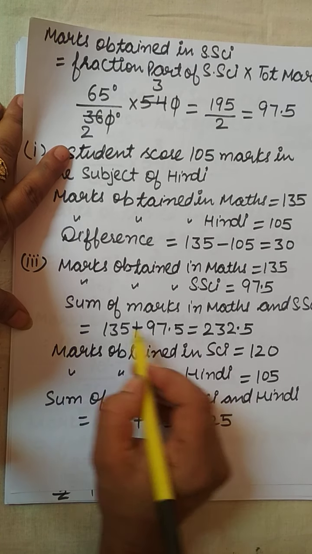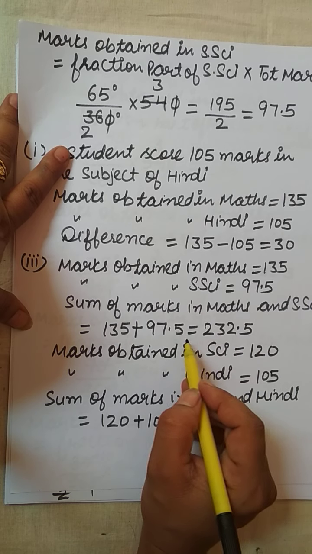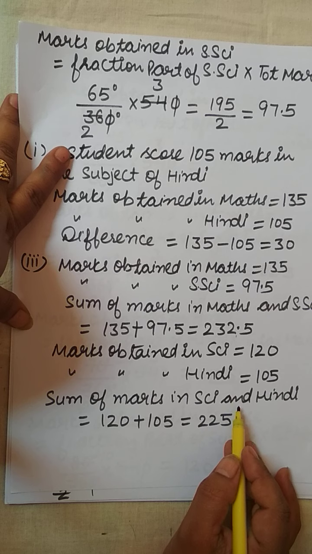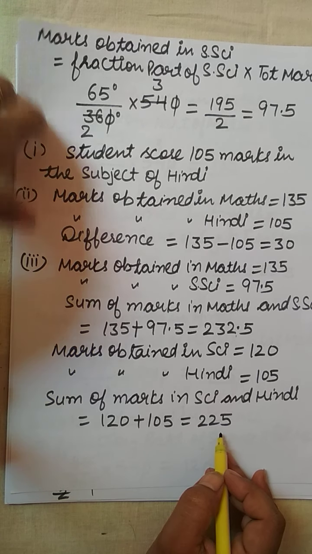Now you can see that the sum of marks in maths and social science is 232.5 and the marks in the subject of science and Hindi is 225.